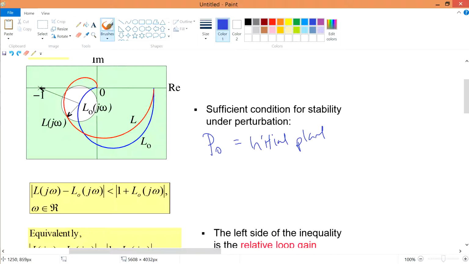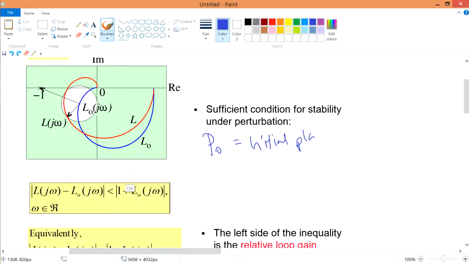This distance must be greater than the distance between L and L0, because L will perturb towards -1 as time goes by. So the distance between the red color and the blue color is this particular thing. As this range goes larger, this distance will be larger than this one, and therefore things go unstable.